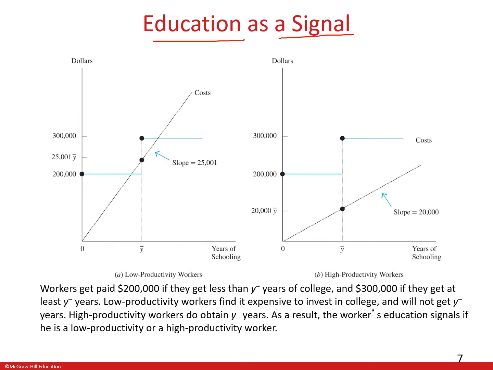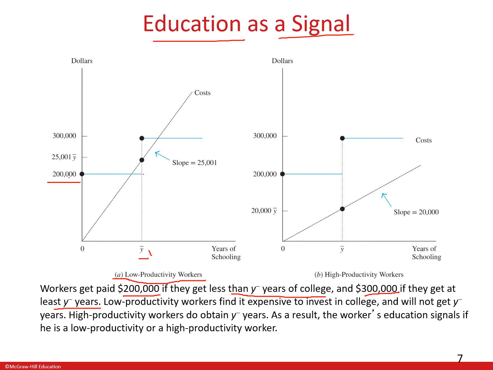In panel A, the low productivity worker, we can see that this worker gets paid $200,000 a year if they get less than Y bar years of college. And $300,000 if they get at least Y bar years of schooling.